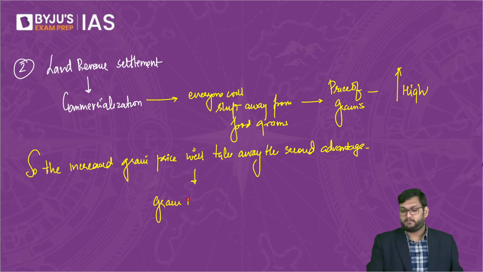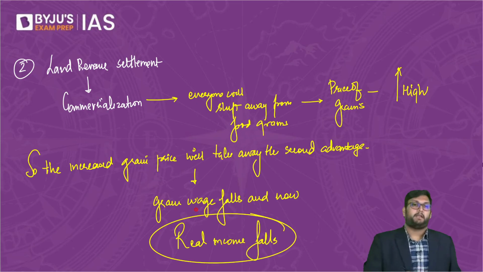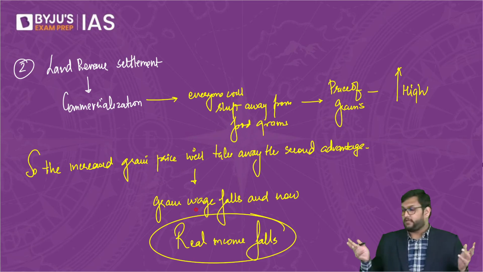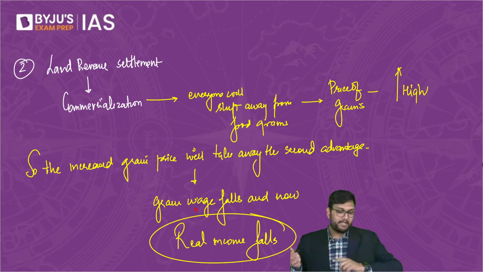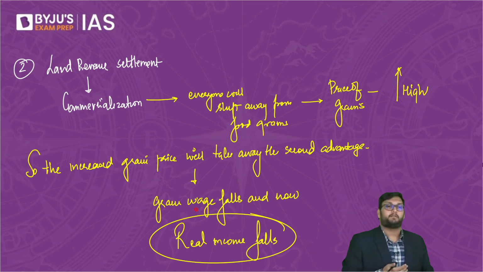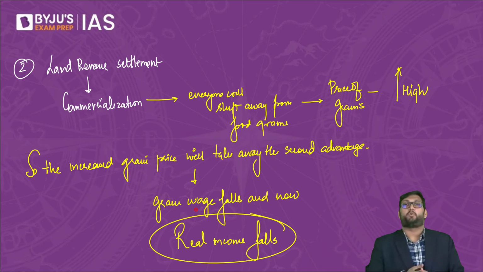Grain wage falls, and now real income falls. And basically, he cannot get an additional income, and he cannot technically compete with the cheap cloth which is going to come.